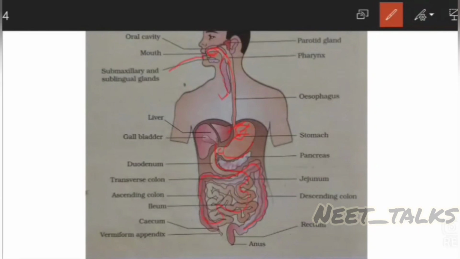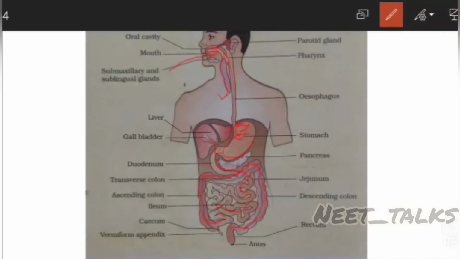The water is absorbed, so there is a gradual solidification of the feces in this large intestine and the feces are formed. Those are stored in the rectum, and when we have the urge to throw these undigested food particles out, they exit our body via the anus. So these are all about the alimentary canal.